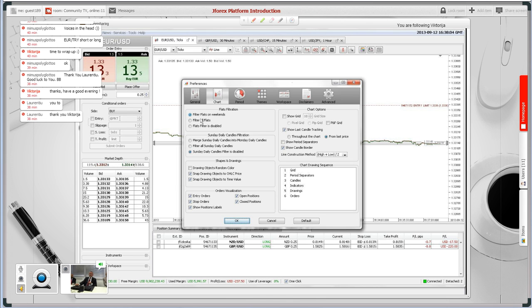In the orders visualization, this is something important. If I like to trade through the charts, or if I want to do my analysis through the charts, maybe I do not like to see all these triangles, limit orders, everything. You can deselect it and it will disappear in your chart.